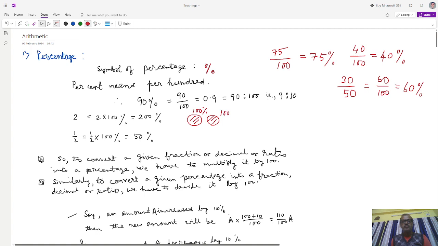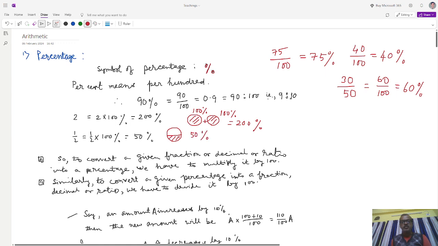So altogether, two full items equal 200%. So 2 equals 200%. Half equals, this is an item, and if we halve it, then what is its percentage? 50%.